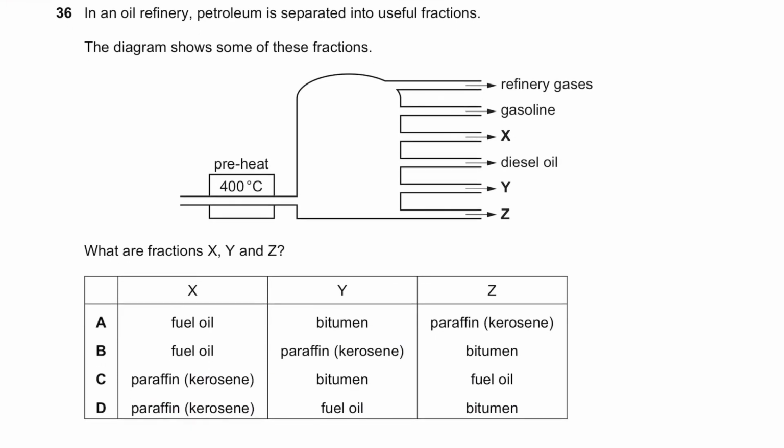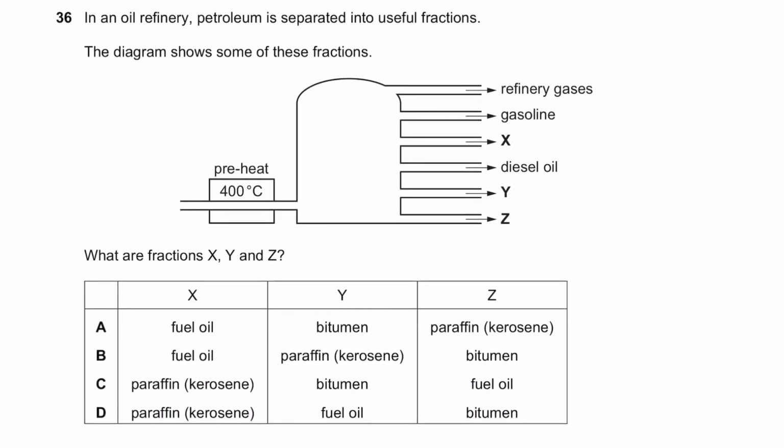Question 36. In an oil refinery, petroleum is separated into useful fractions. The diagram shows some of these fractions. What are fractions X, Y, and Z? Okay, sorry for keep asking you guys to memorize so much stuff, but you need to memorize this too. Know the sequence of the fractions well, and questions like this will give you 3 marks.